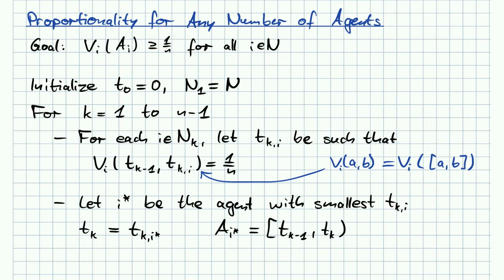And then we'll set Nk plus 1 to Nk take away i star.